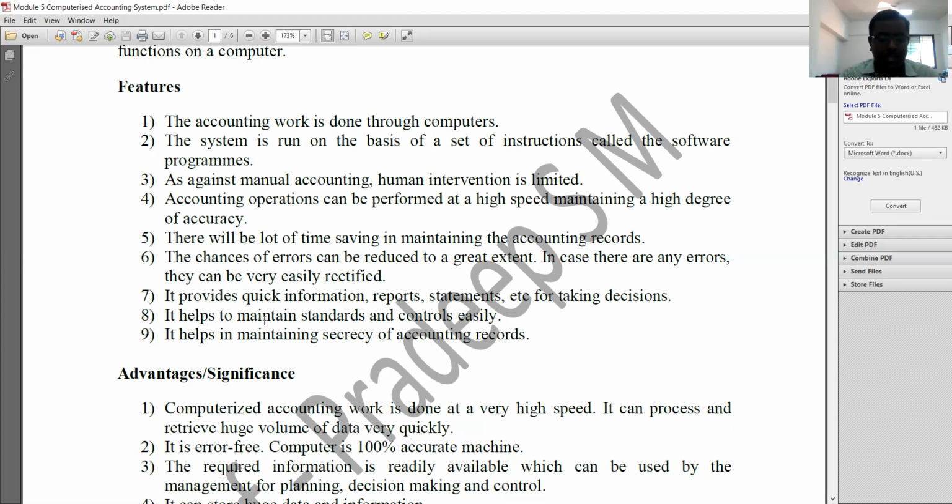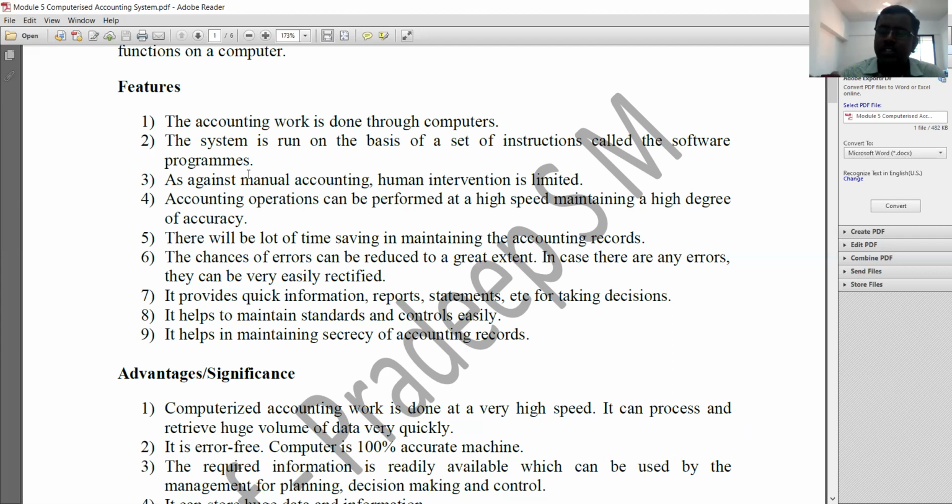At the same time, it helps in maintaining secrecy of accounting records. As we all know, we can protect or preserve our accounting data in computers with the help of passwords. So these are certain important features of this computerized accounting system.